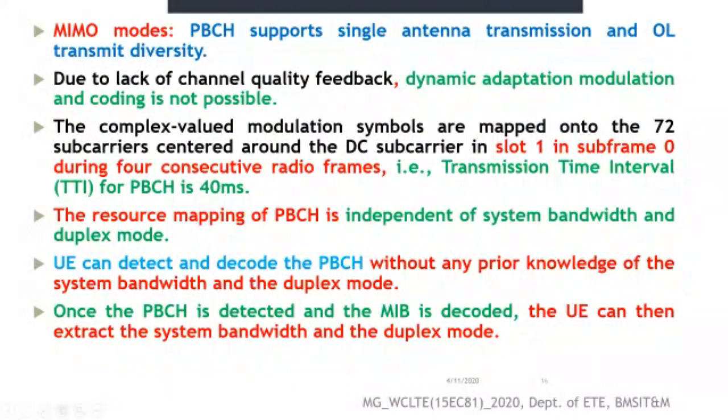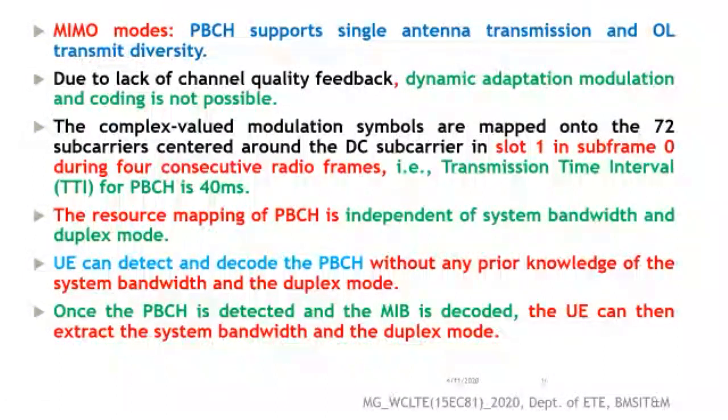The complex valued modulation symbols are mapped onto 72 subcarriers centered around the DC subcarrier in slot 1 in subframe 0. During 4 consecutive radio frames, so the transmission time interval for PBCH is 40 milliseconds. So 4 consecutive radio frames, subframe 0, slot 1, in that this will be mapped.